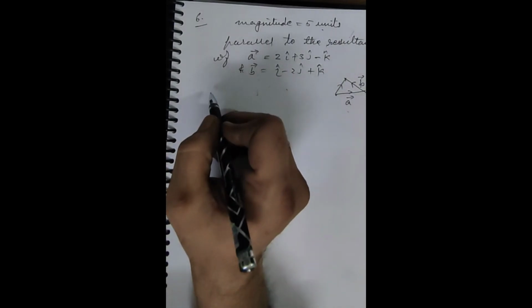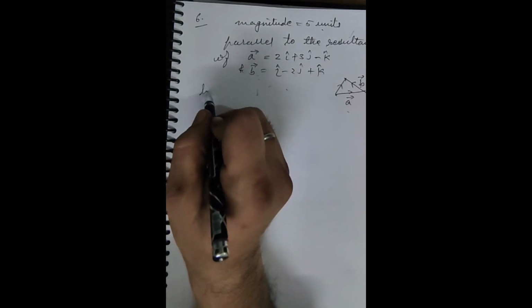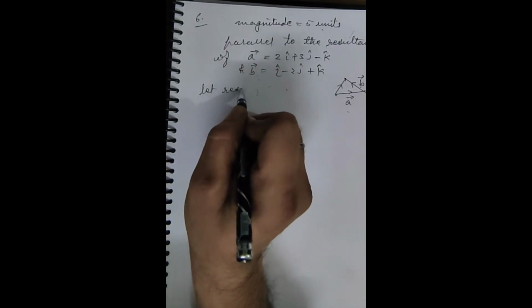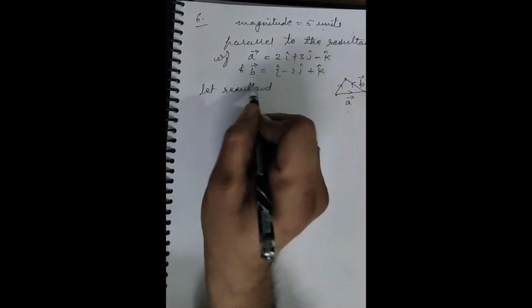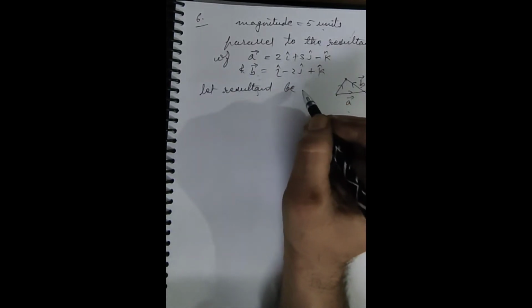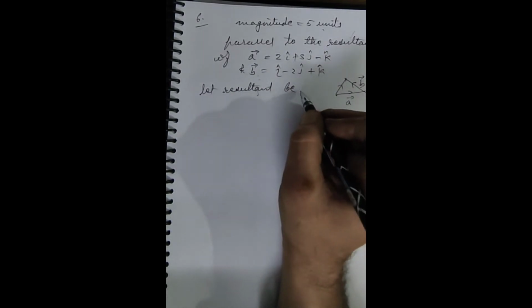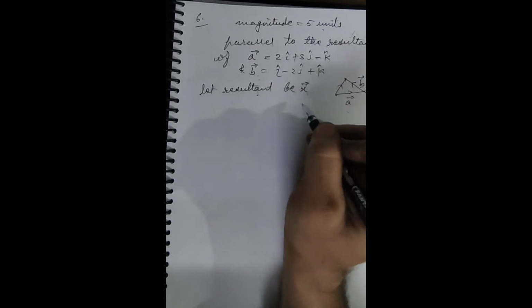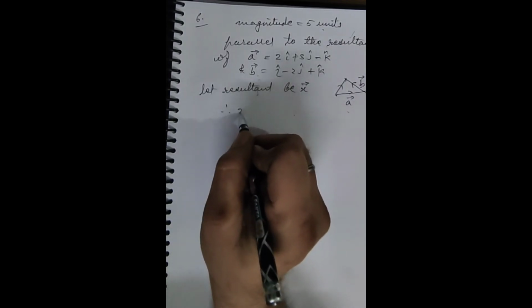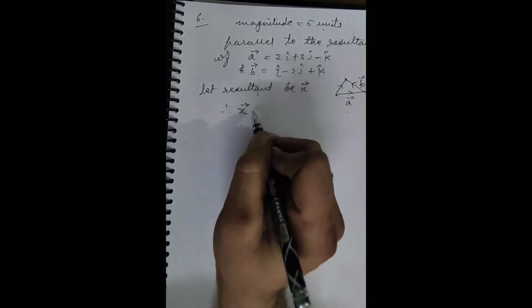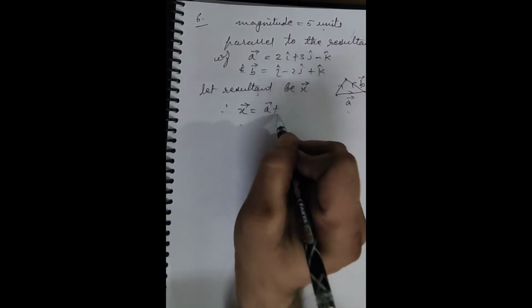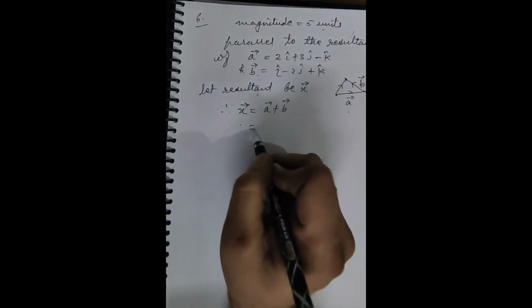If I consider A here, B along the other side, the third side would be the resultant of A and B. So that resultant, A plus B, let the resultant be some vector x. So therefore vector x can be obtained as A plus B, by the addition of these two values.